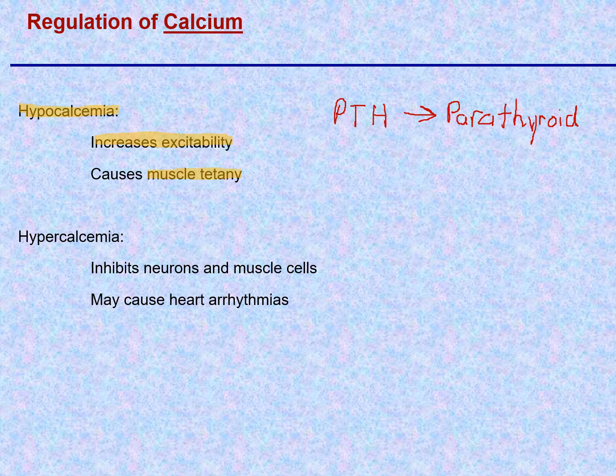If you have high levels of calcium, which is called hypercalcemia, it can inhibit excitable tissues, neurons and muscle cell activity, and can even lead to heart arrhythmias. Big problem.